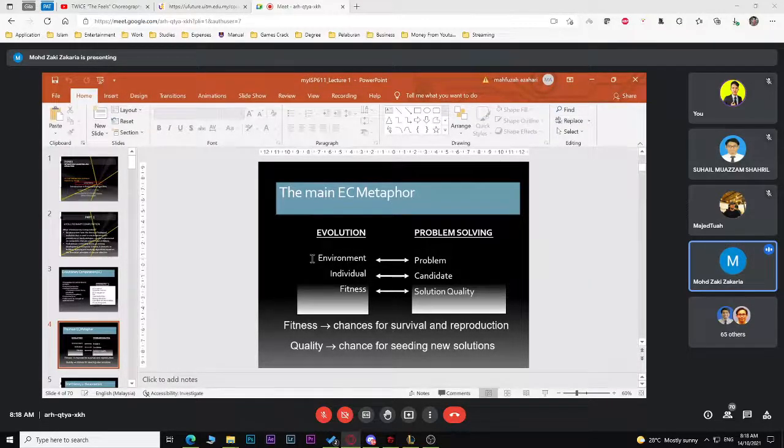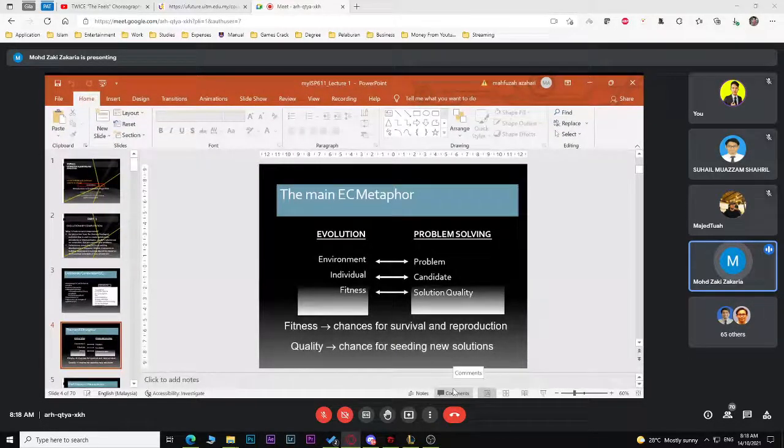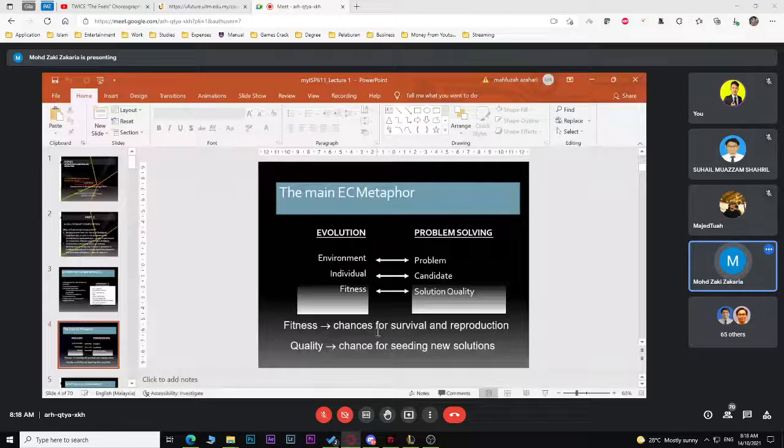So we need to explore, or know every single detail about the problem. Based on the problem that we study, we need to construct a mathematical formula. We call it the fitness function.